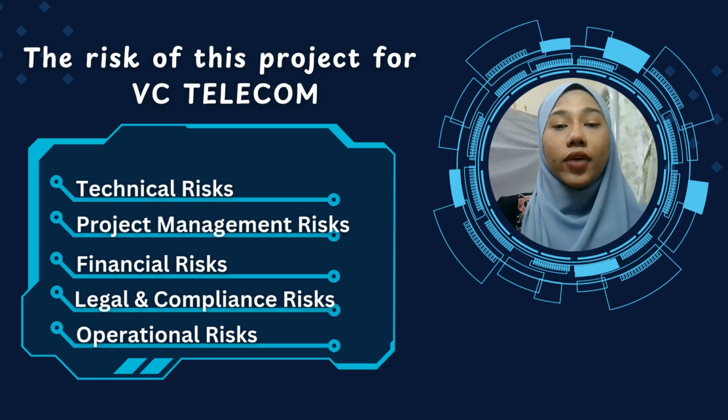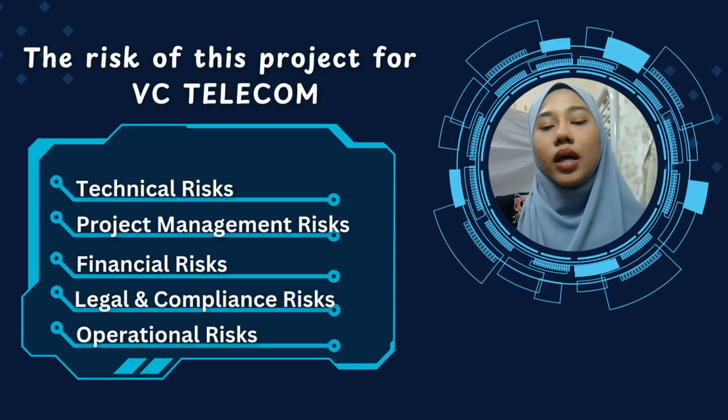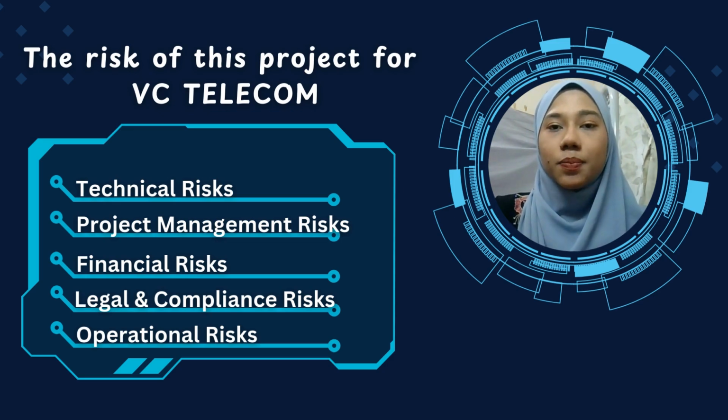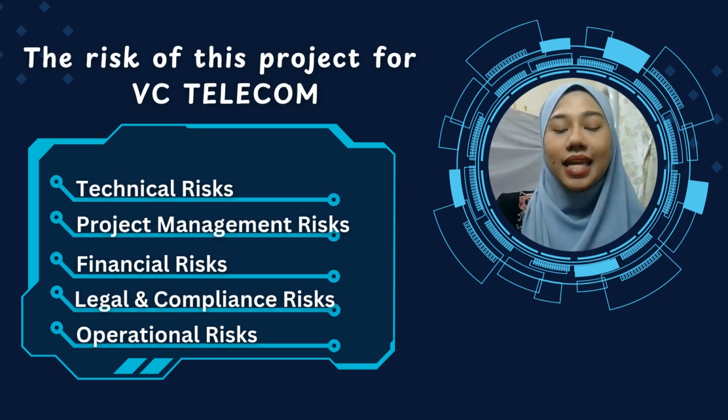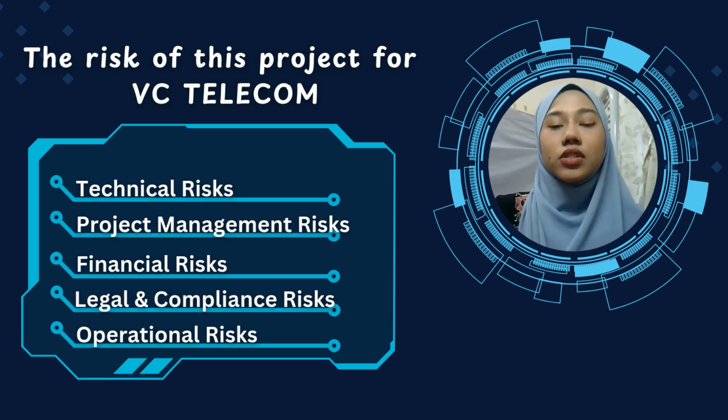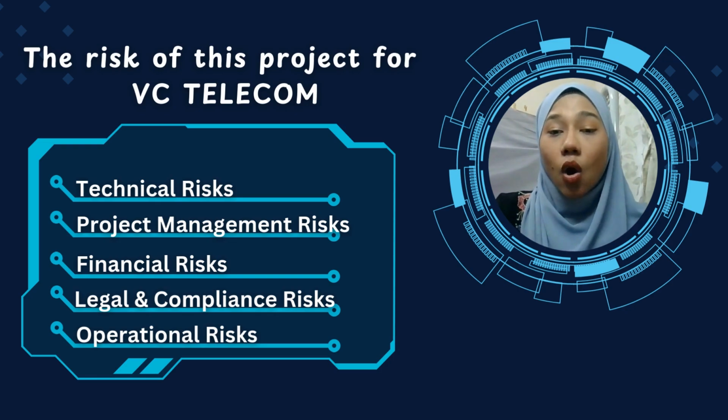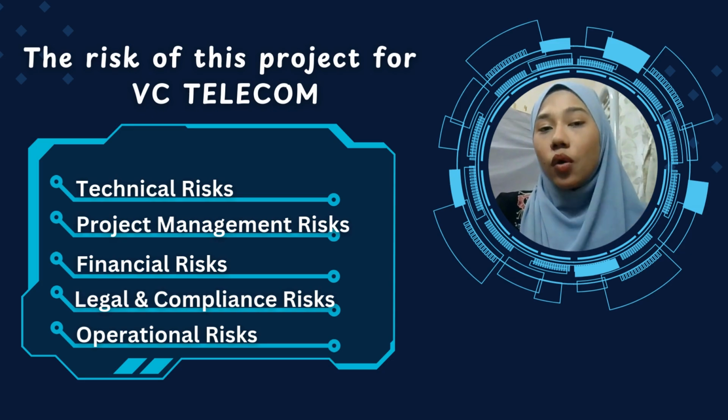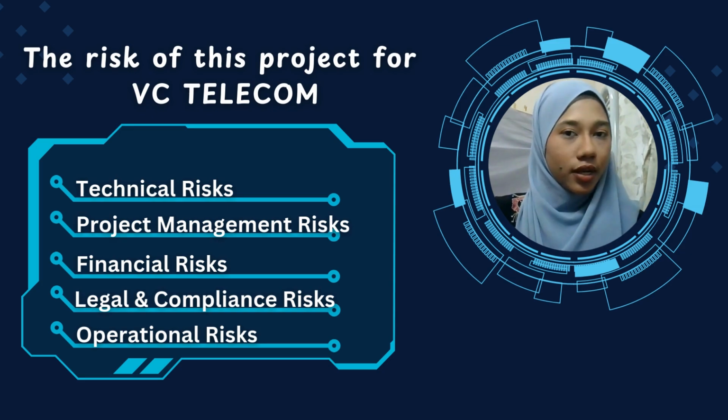Next, we face a project management risk, which can affect the timelines, the resources, and the deliverables. Scope creep also is a risk to this project, which risks delays and cost overruns. Resource constraints with limited technical expertise could also slow the development of the project.